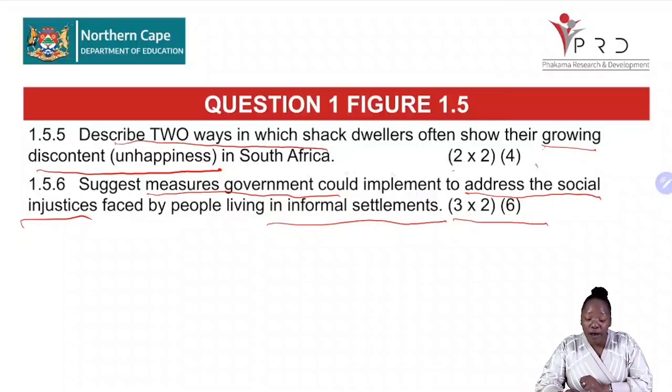And then your 1.5.6, now you need to give the strategies or measures that the government could implement in order to address these social injustices that are faced by these people in the informal settlement, your 3 times 2. So I'm going to give you 10 minutes so that you structure your answers properly without any rush. And then after 10 minutes, we proceed to the corrections.